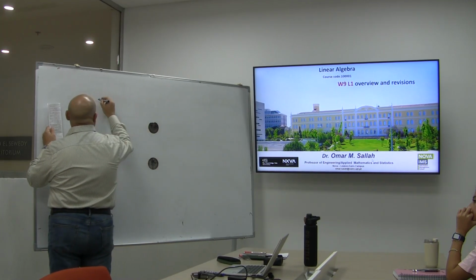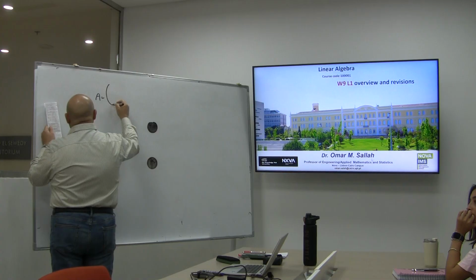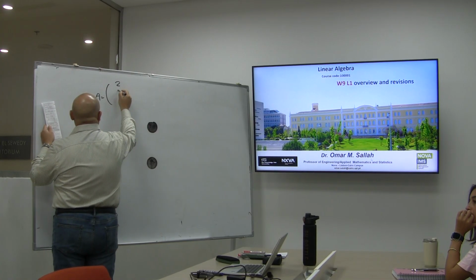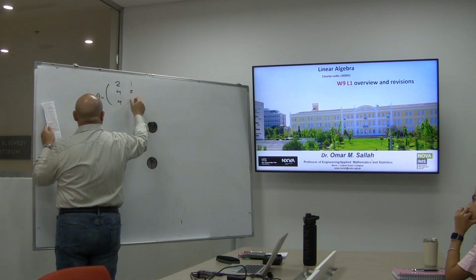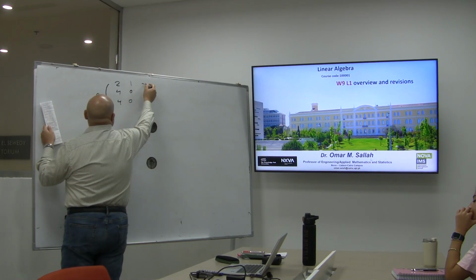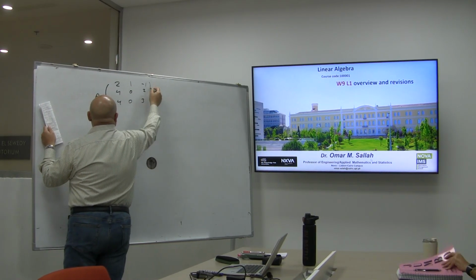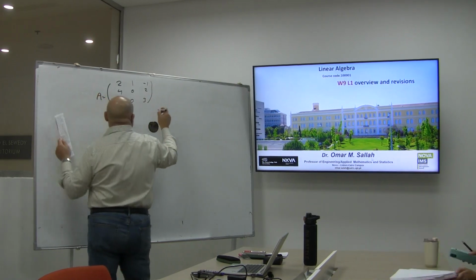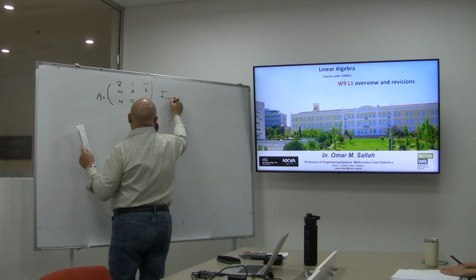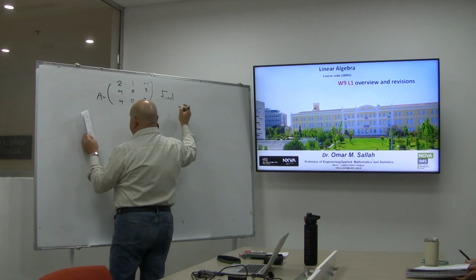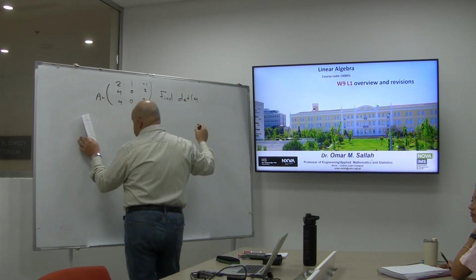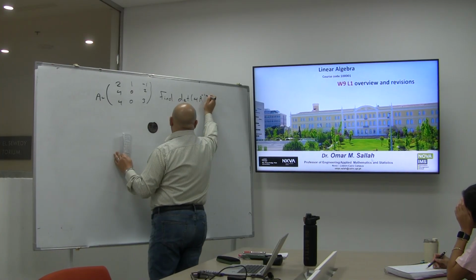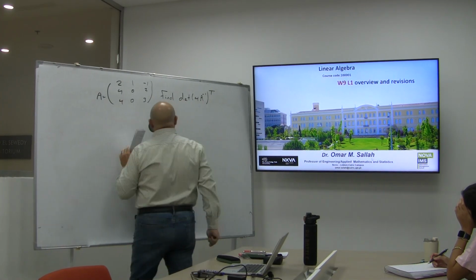You are given matrix A, which is simply 2, 4, and 4, 1, 0, and 0, negative 1, 2, and 3, okay? And he wants you to find the determinant of 4 A inverse transpose.